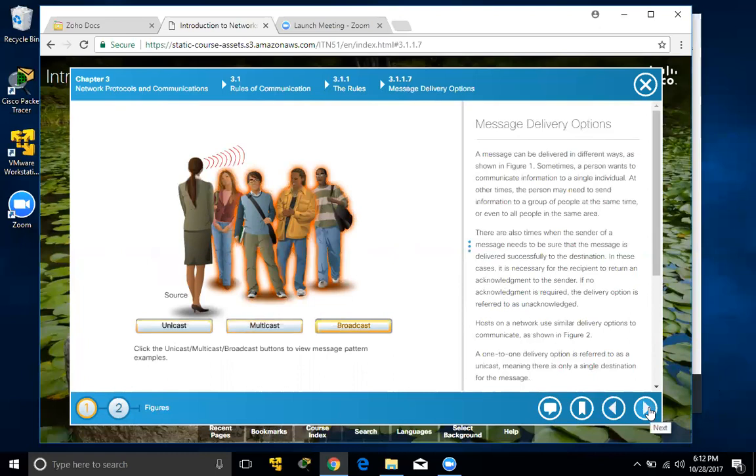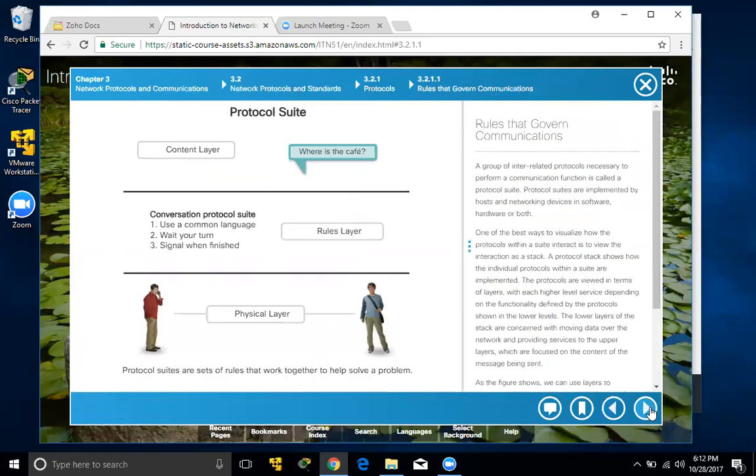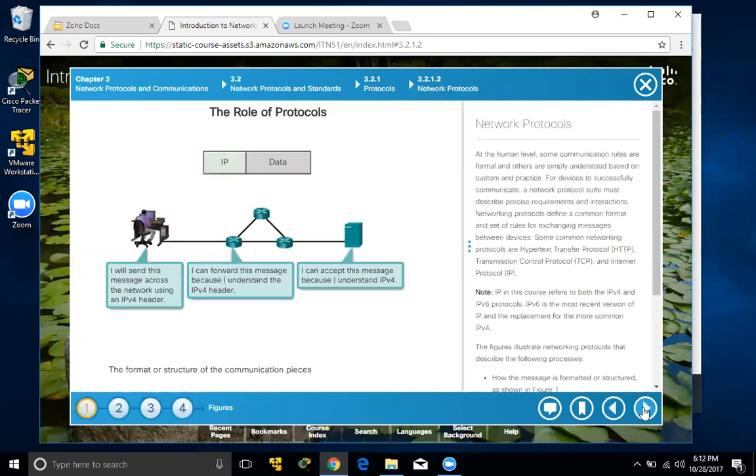Network parallels there too. The protocol suite: they're going to start talking about protocols, and notice they're starting to layer. That's going to be important momentarily. A content layer, a rules layer, and a physical layer. I would read this because that's going to set things up for some layered protocols that we're going to have a few slides out.